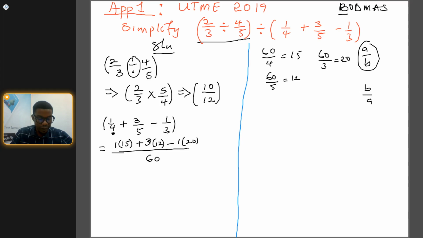So we can now simplify this expression. 1 multiplied by 15, that will be 15, plus 3 multiplied by 12, that will be 36, minus 1 multiplied by 20, that will be 20, all over 60.